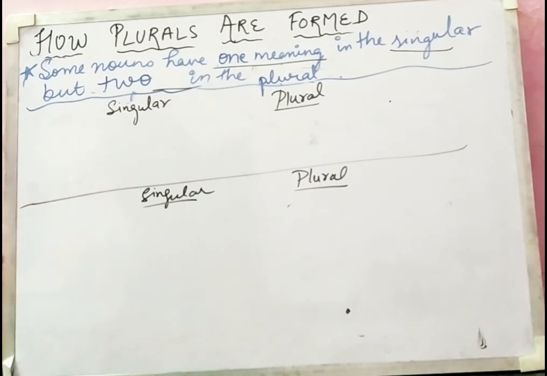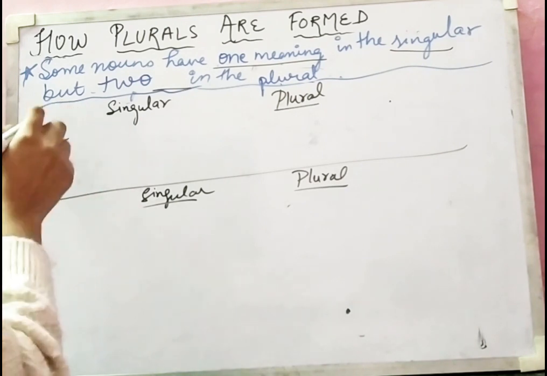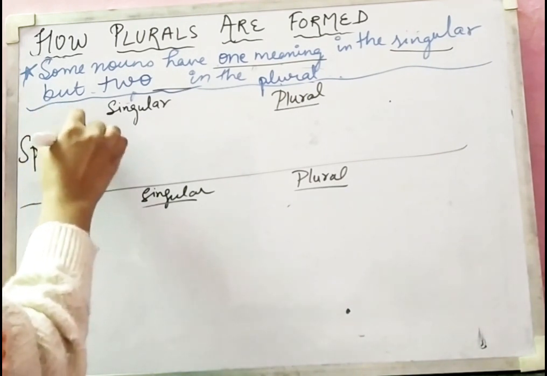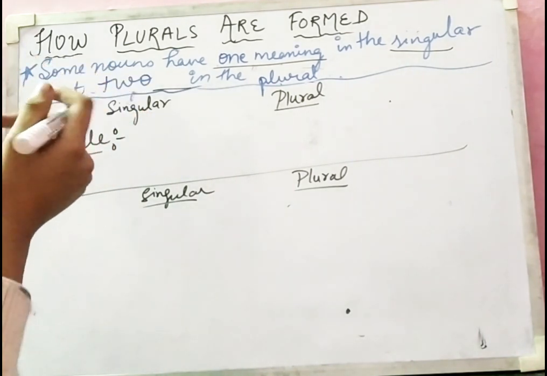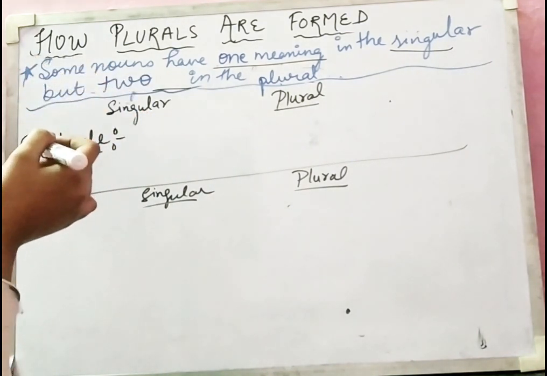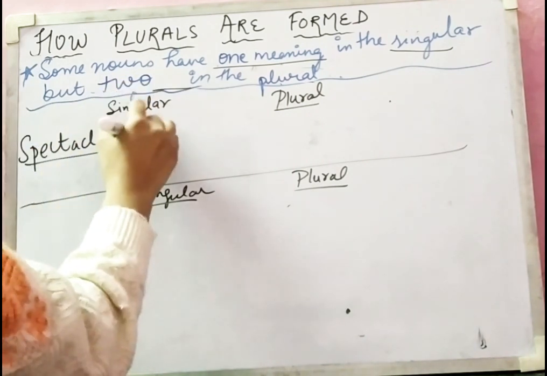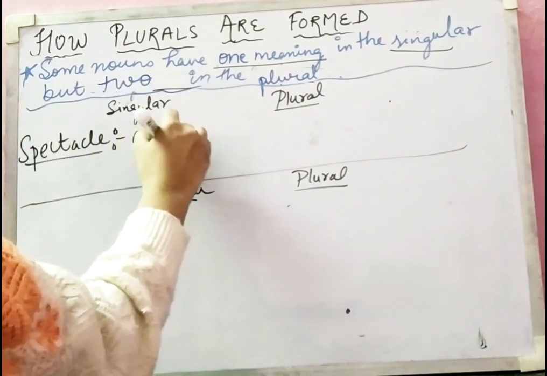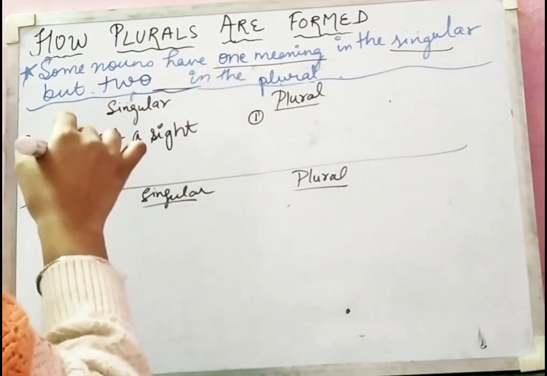If I take the example of spectacle, I think you all know what is spectacle. Chashma. Means in singular there is only one meaning, that is a sight, देखने के लिए, a sight. And in plural there are two meanings.